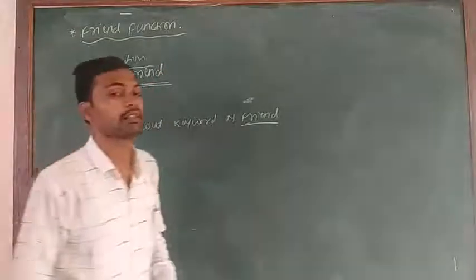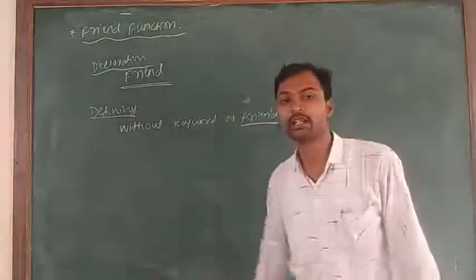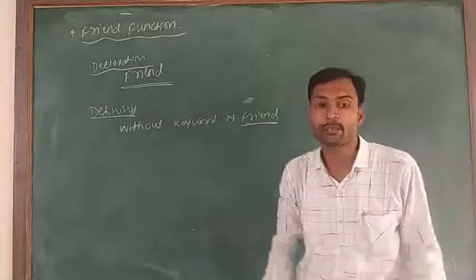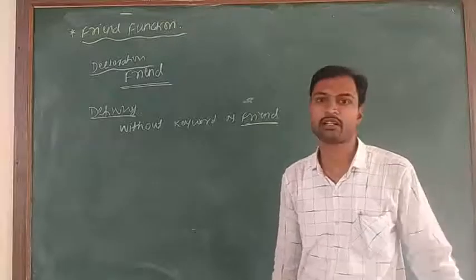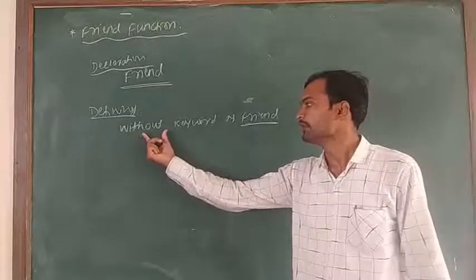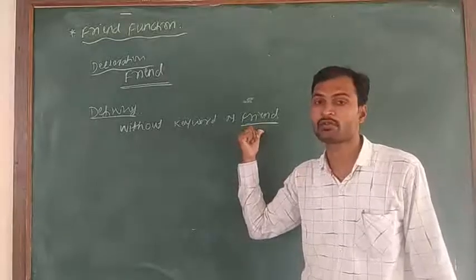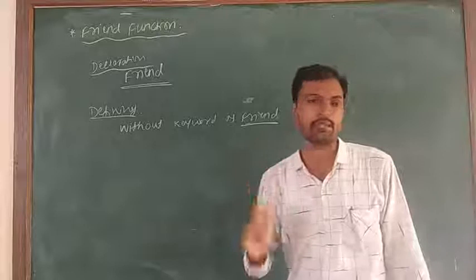While declaring inside the class, we have to use the keyword friend. But while defining the friend function outside the class, we do not use the keyword friend. It is not necessary. Directly you can define it.